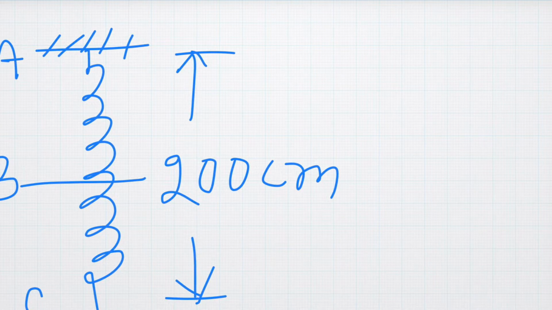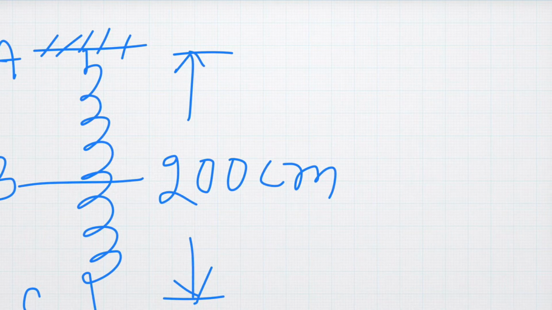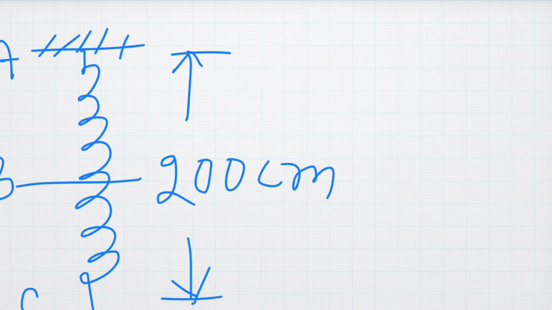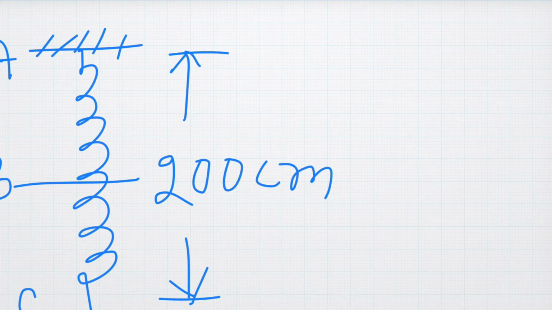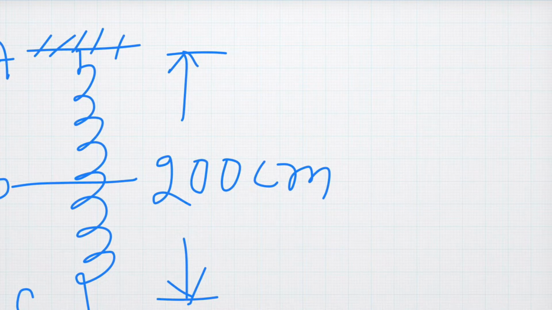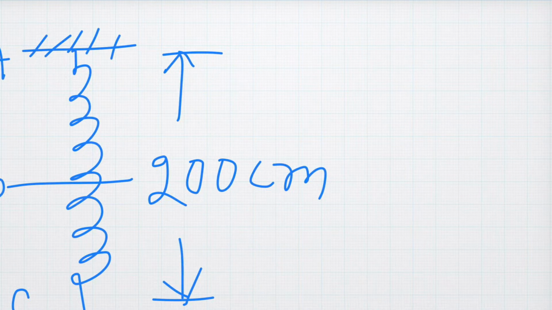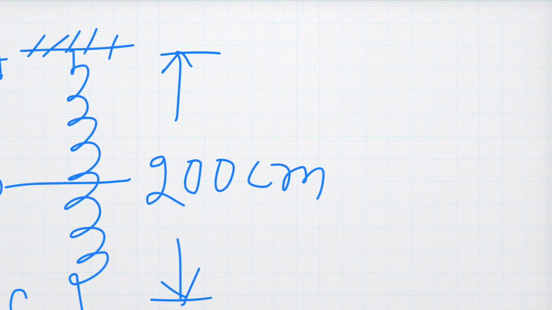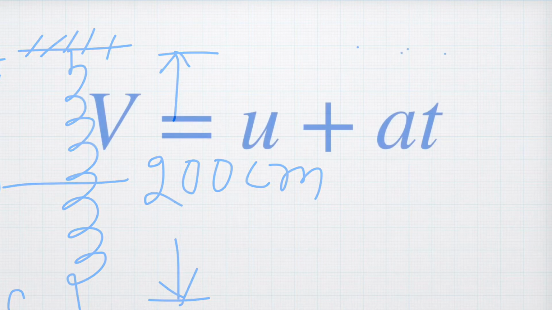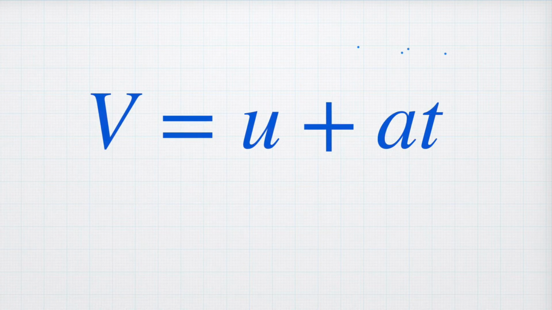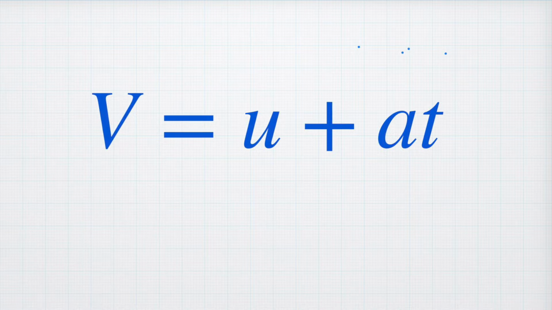So it is almost the point A will reach C, and we also know that the center of gravity will move exactly according to the equation that we know already. That is V equals U plus AT.